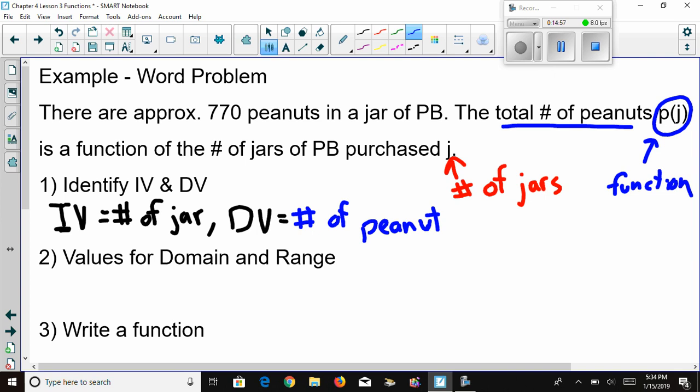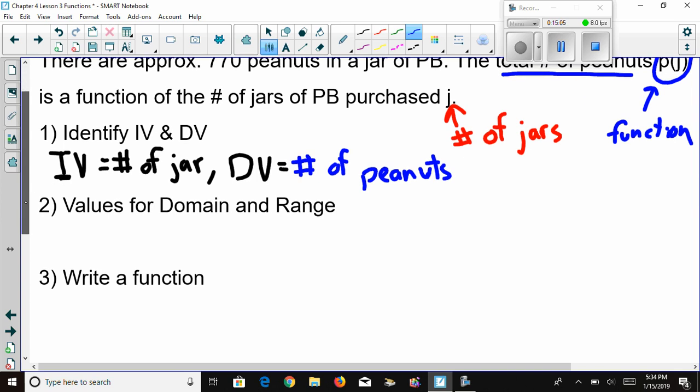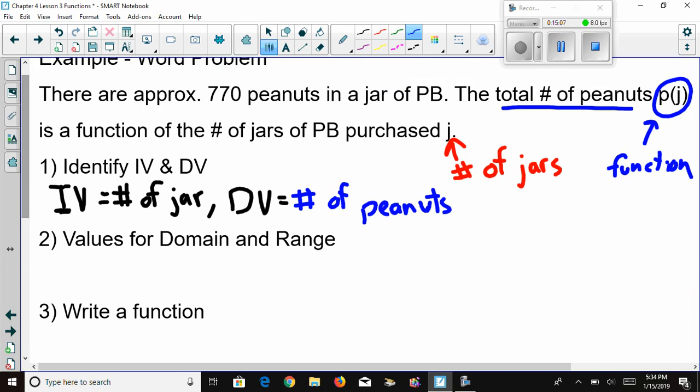Now let's talk about domain and range, because with the domain and range, previously, you could just put a list of numbers. But for this example, that's not going to be the case, because you're not going to want to list out all these numbers. Here's what I want you to consider.